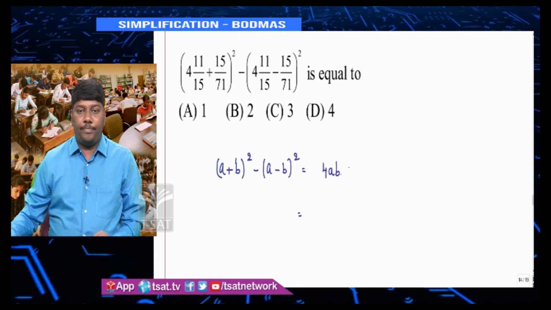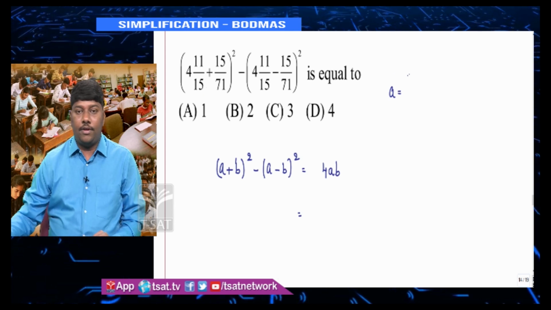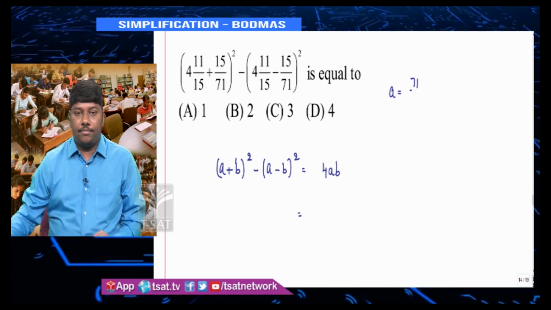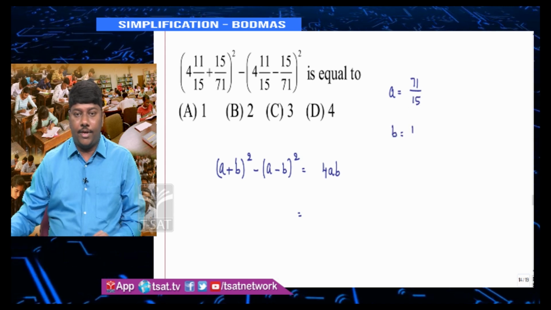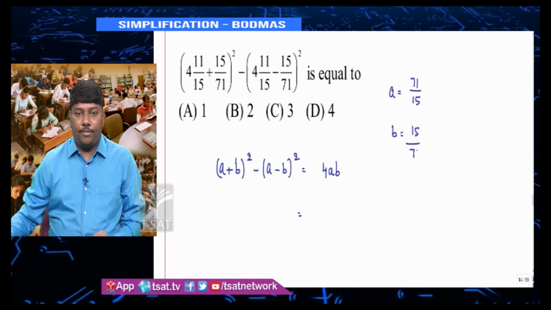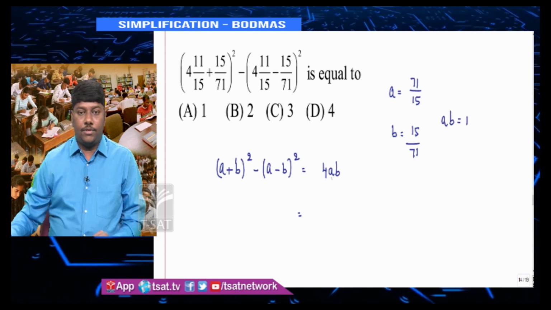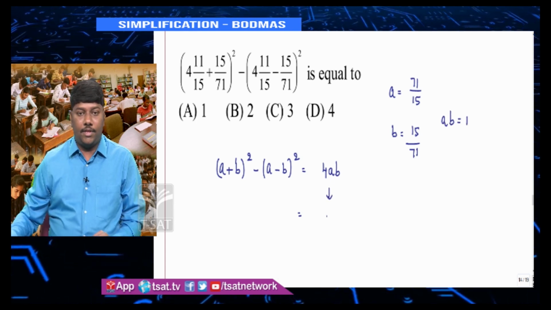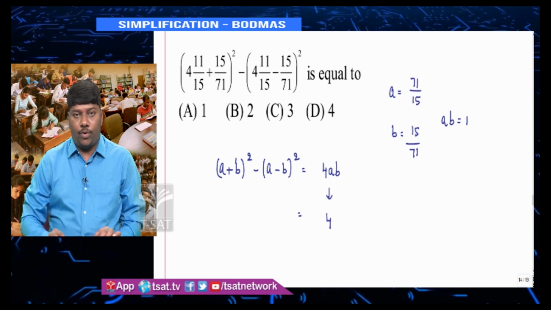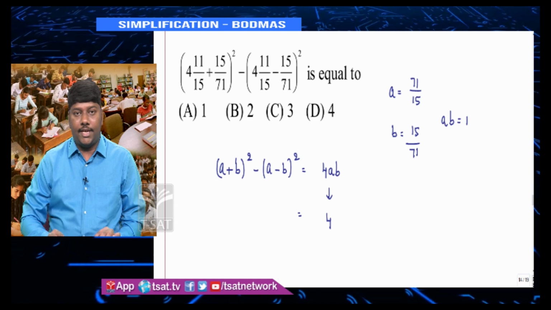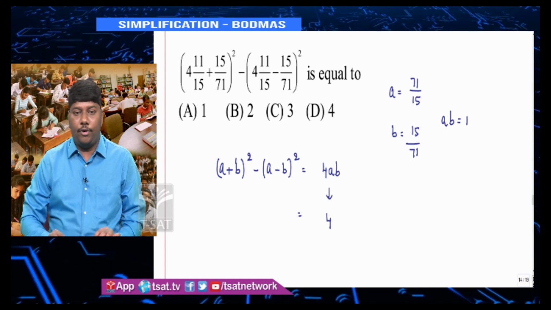So, what is a here? Here a is equal to 4 11 by 15, which is 71 by 15. B is 15 by 71. If you multiply a into b, it's going to be 1. So, if you put 1 here, the answer is 4. So, simply if you know that ab is equal to 1, then a plus b whole square minus a minus b whole square is equal to what? It's 4, because the answer is 4ab.